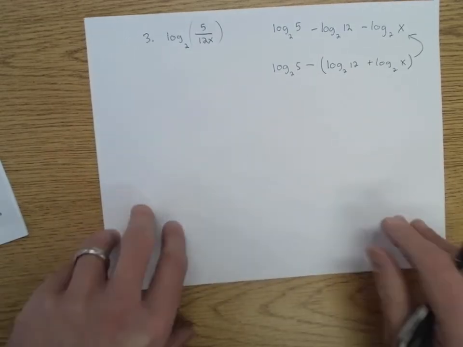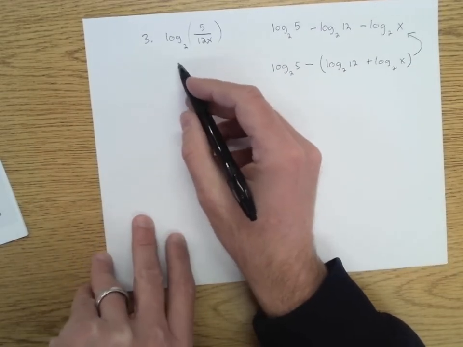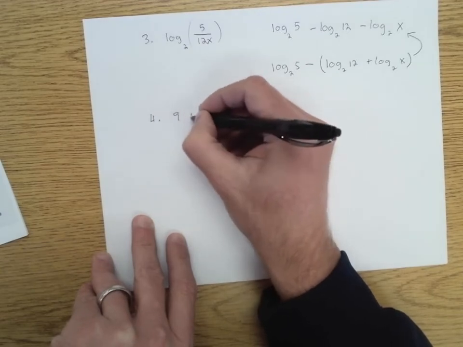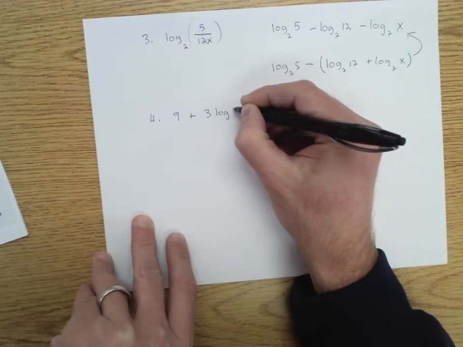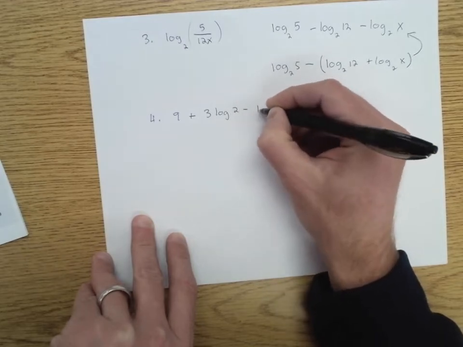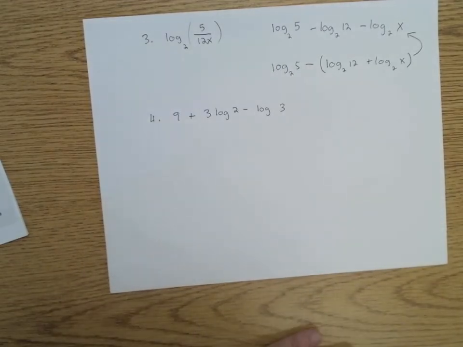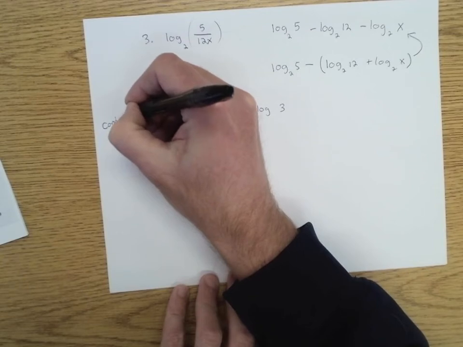Okay, the other thing we're going to go through using these properties is condensing. So the next problem. Okay, so when we condense on number 4, that's just working backwards.